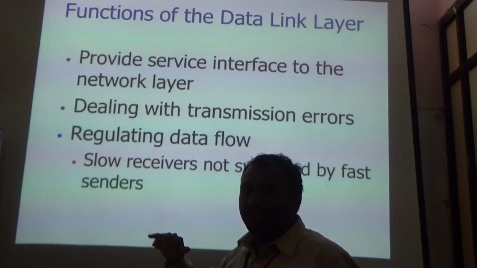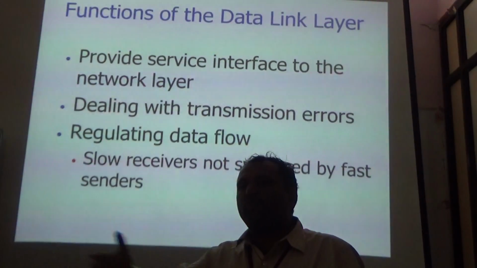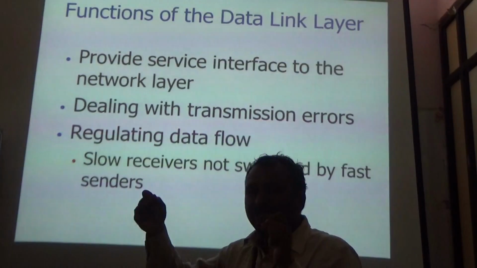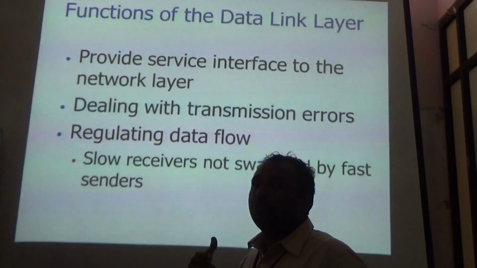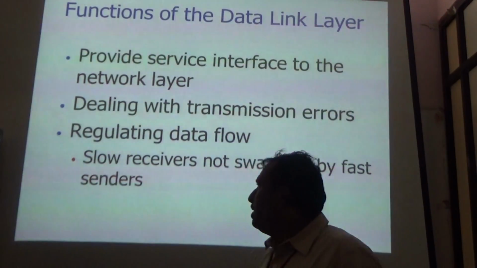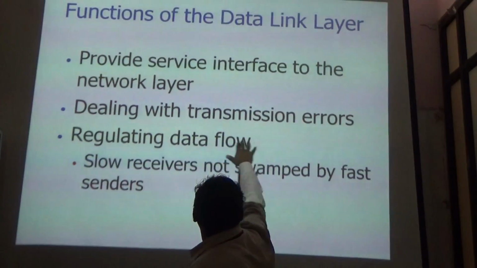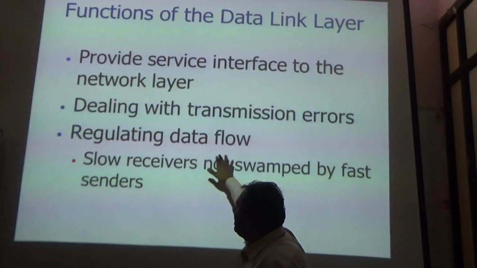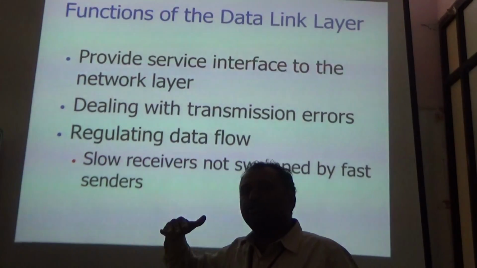The data link layer makes sure that even though there is variety in speed, the communication will still take place and the entire data will be communicated without bottleneck or loss of data. So this is what is written here: providing service, dealing with transmission errors, regulating the data flow, irrespective of slow sender or slow receiver. Next.